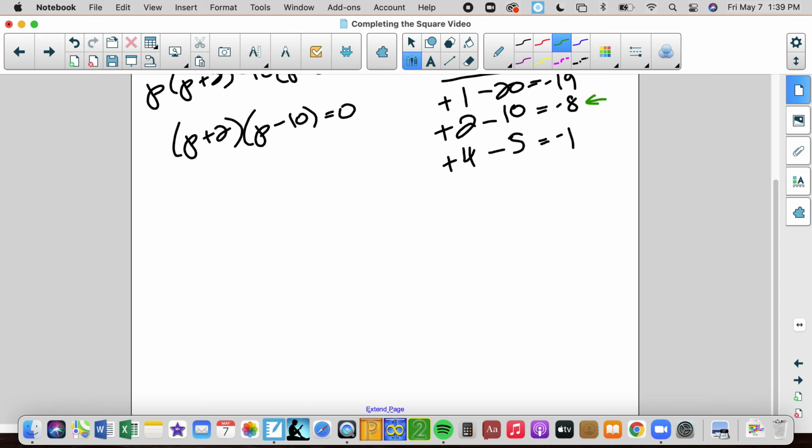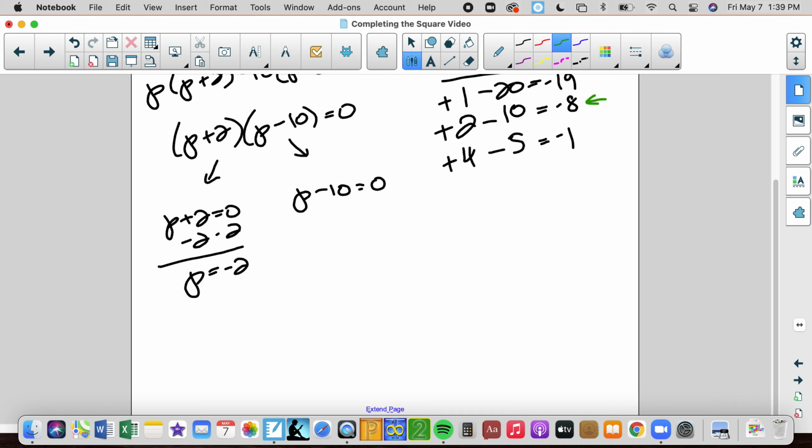Two numbers that multiply to make 0, we know that one of these two has to be equal to 0. So we set each one equal to 0 to find out what that value of p would be in order to make that number equal to 0.